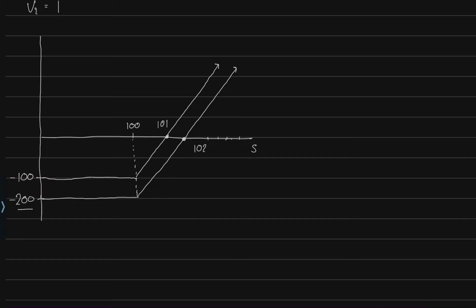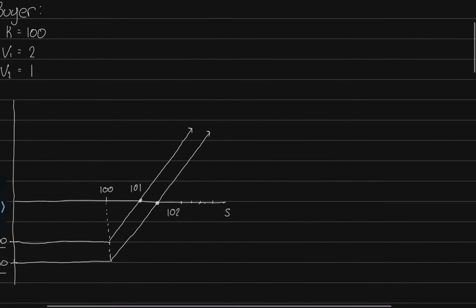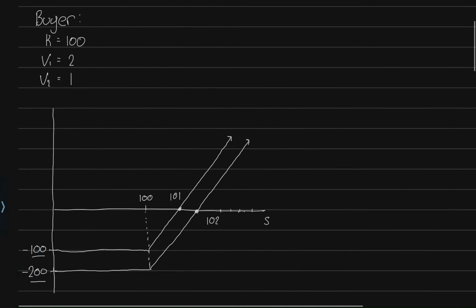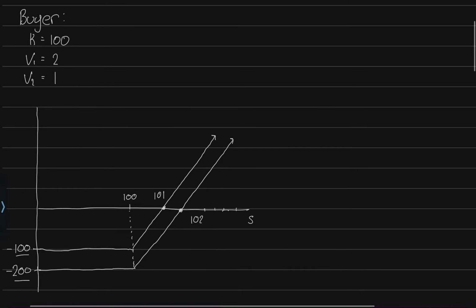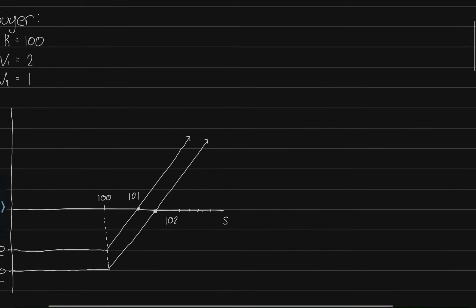This is because if I profit $1 per share, then $1 times 100 would be $100, which would completely break even with the premium that I have paid. Now, in the same way, I can do this payoff ratio for the seller of my call.